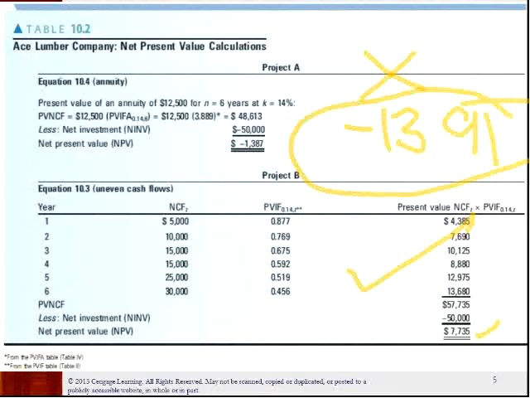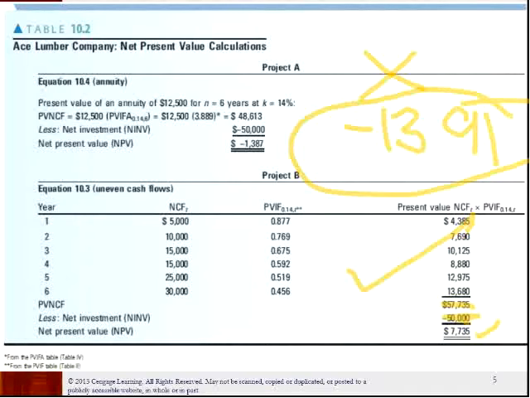Okay, this one. The present value of cash inflows is 57,735. That divided by 50,000 gives you the profitability index for that project. So if you divide it, you get probably around 1.125, something like that.